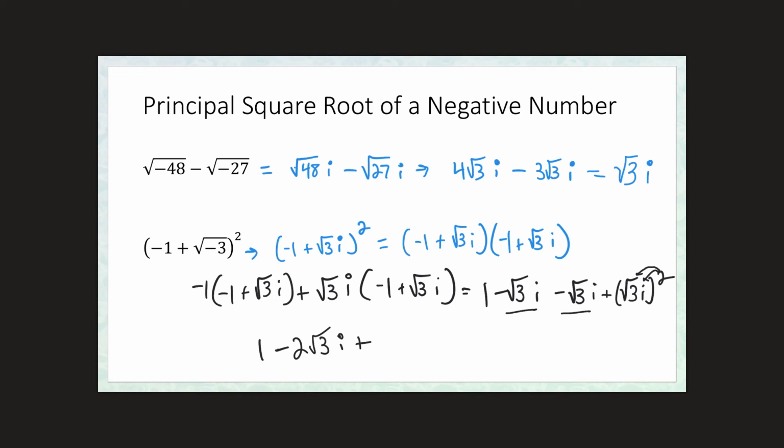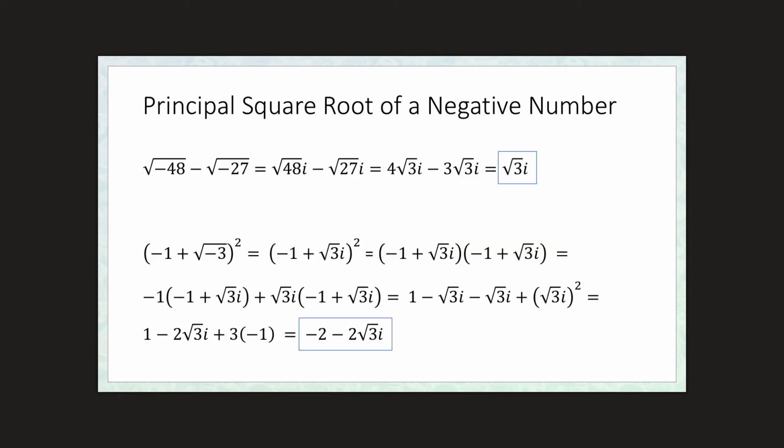And square root of 3i squared is 3 times negative 1. 3 times negative 1 is negative 3. Negative 3 plus 1 is negative 2. Negative 2 minus 2 times the square root of 3 times i. And that's our final answer. All right, I need to write that neater, so here you go.